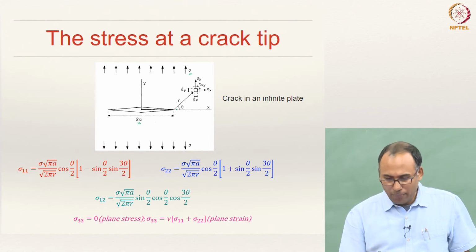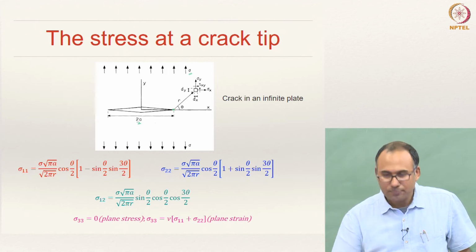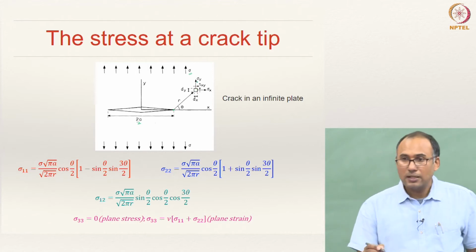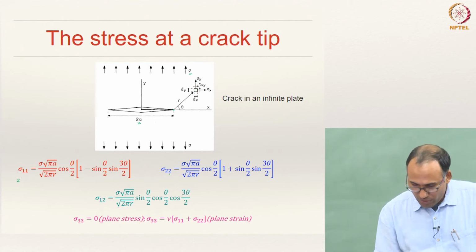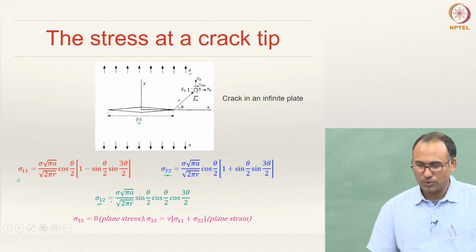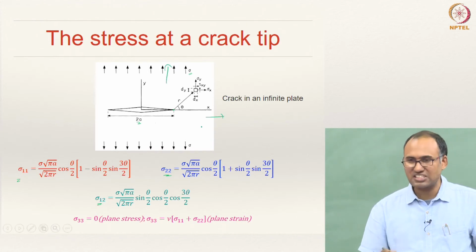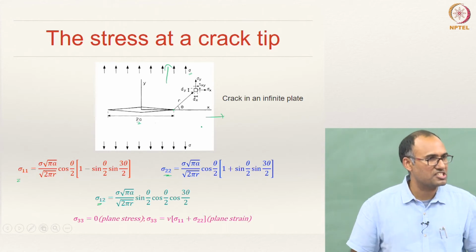Now if you define a polar coordinate system at the crack tip, r and theta, at any position r comma theta, the stresses sigma 11, sigma 22, sigma 12.